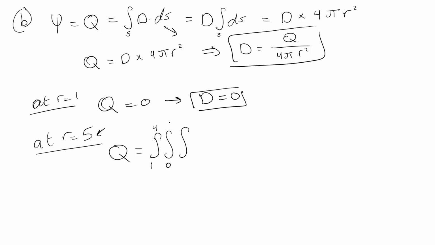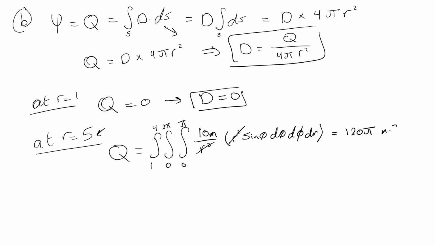Then phi is from 0 to 2 pi, and theta is from 0 to pi. Rho is 10 over r square milli, and dv is r square sine theta d theta d phi dr. R square will be cancelled with r square, and this integration will be equal to 120 pi millicoulomb.